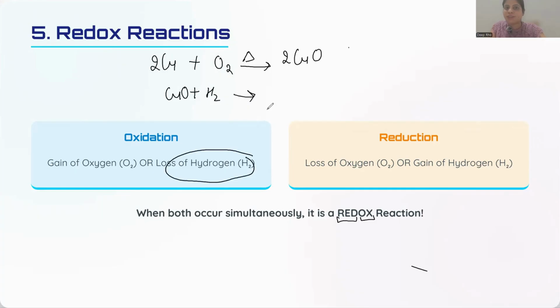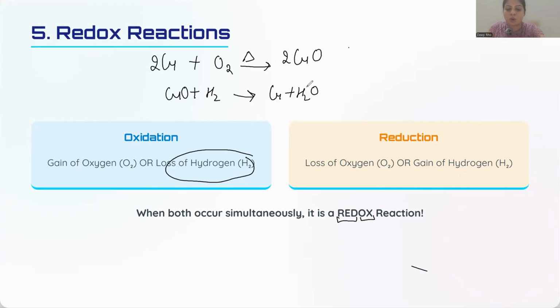So copper oxide, CuO, if hydrogen gas is passed, so what is this called? If we add hydrogen, copper is formed.